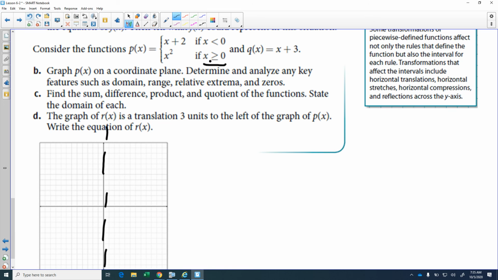How I know that is because, based off the information given to me up here, they're telling me for x plus 2, you can't have an x bigger than 0, which means the left side of the graph. And then for the other one, x squared, you can't have an x value that is less than 0, so the right side of the graph. Okay?